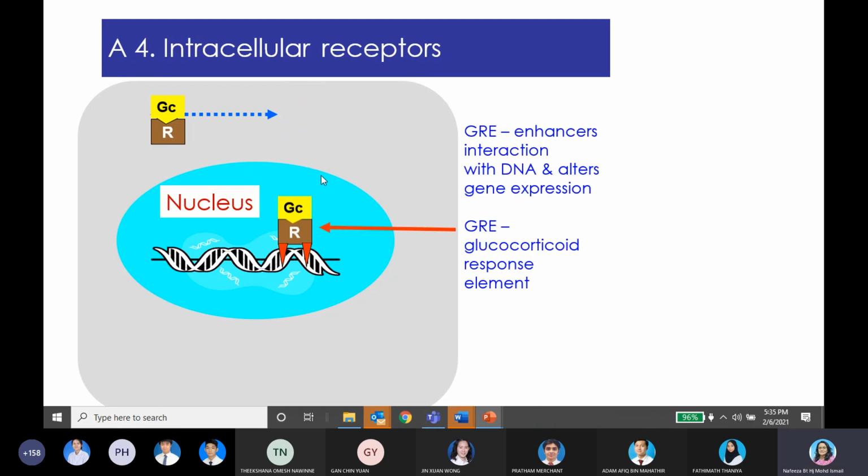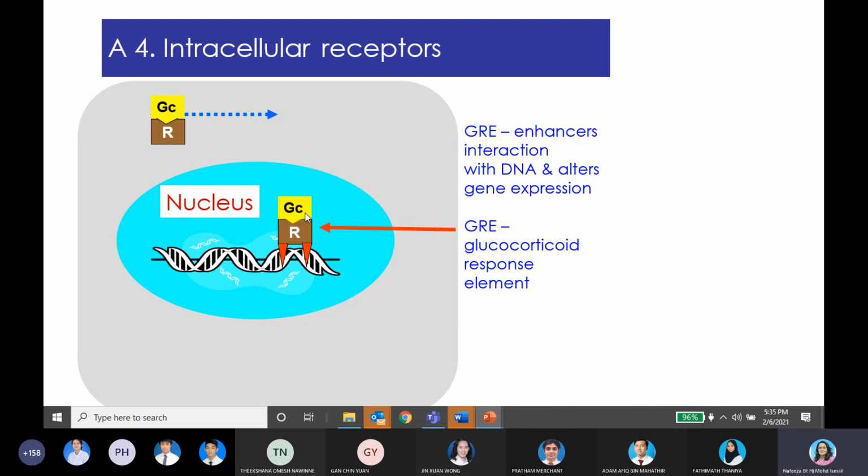All right. So GRE stands for glucocorticoid response element. This whole complex is called the glucocorticoid response element, and it involves conformational change of the structure. And when that happens, it enhances the interaction with DNA and alters gene expression.